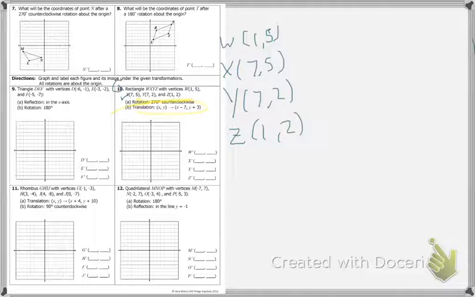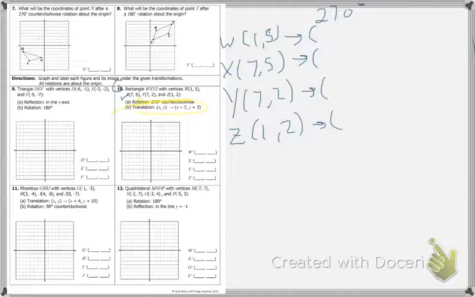Okay, so first step is 270 degrees rotation. So let's see what we have to do for 270 degrees, which is going to give us a new set of coordinates. For 270, we first change our x value, and then we flip the two coordinates.